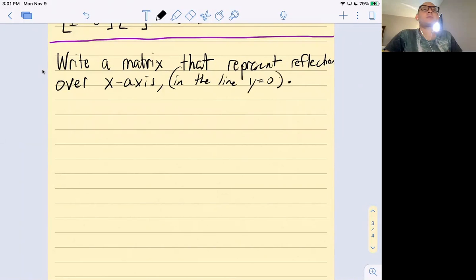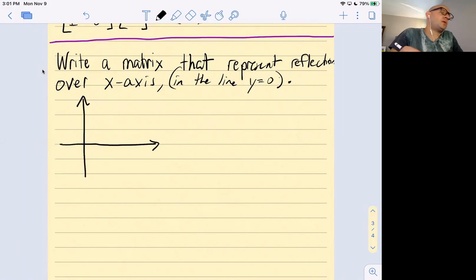Okay, so let's draw our grid. And we're just going to do some simple transformations. Later, when you get to trigonometry, you'll be able to do more complicated transformations like rotate by any angle, or reflect in some sort of special line or something like that.